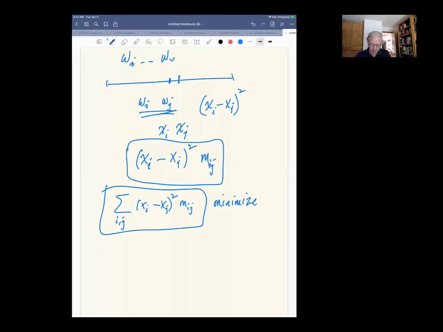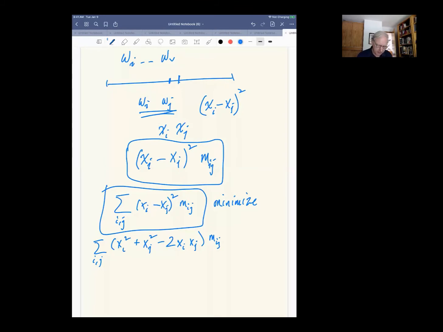Okay, so now let's think some more about that. So in particular, let's expand that square. So that would be x_i² plus x_j² minus 2 x_i x_j, and the whole thing multiplied by M_ij. Okay, so we've got three terms there.